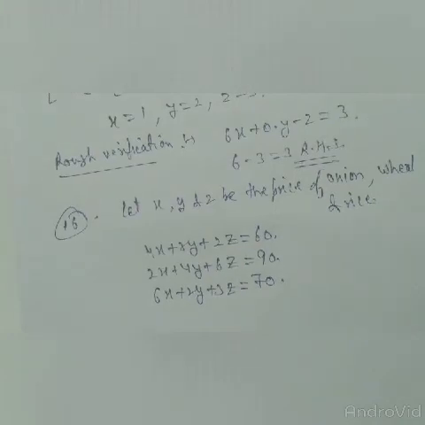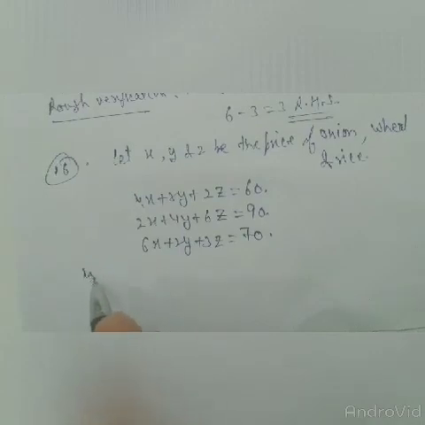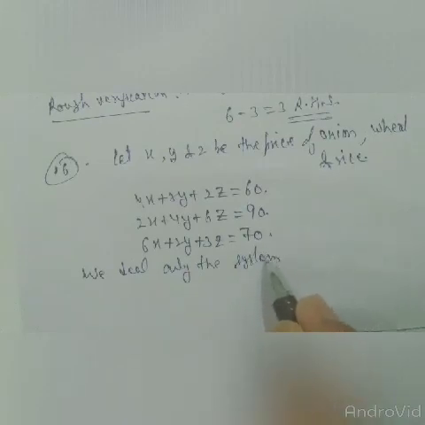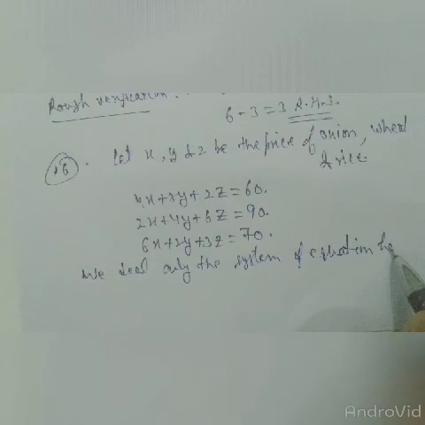So this is our system of equations. By using the matrix method you can easily solve the system of equations. In this chapter we deal only with systems of equations having a unique solution.